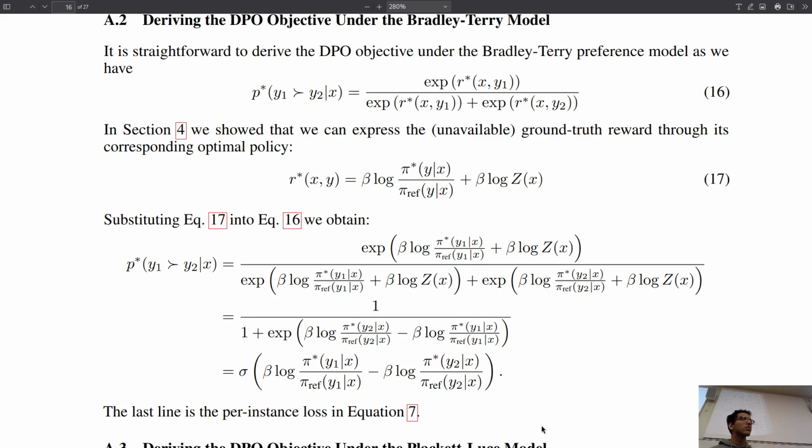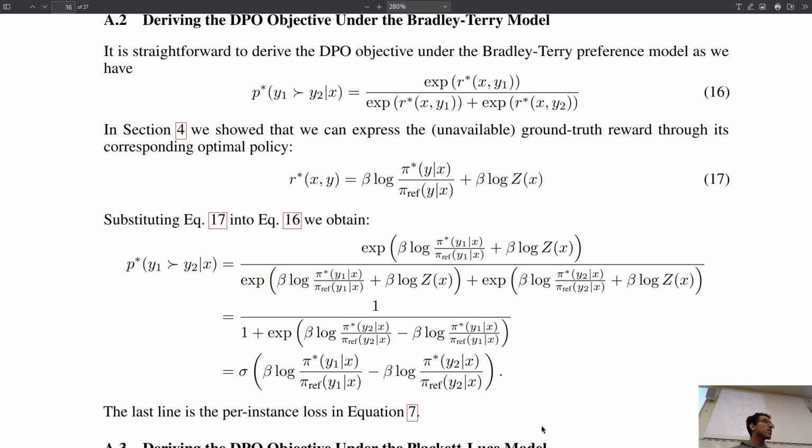Okay, but there is y1 and y2. So it means there is a winner and loser, right? The winner and loser are both represented in the reward function, in the denominator of it. We only pick the winner because we have a vector of the winner and the loser. We only pick the value of the winner, but the winner's value also consists of the sum below, right?